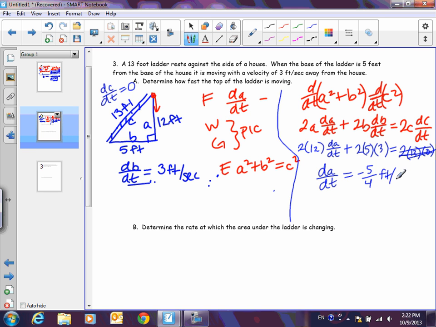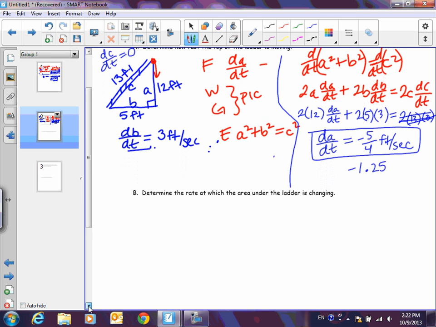Okay, you should have gotten negative 5 over 4 or negative 1.25 if you were doing decimals. And negative makes sense here. We already said, we predicted our answer was going to be negative.